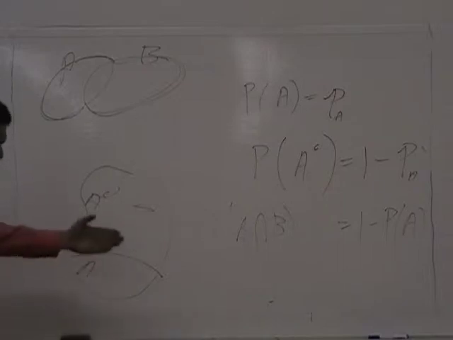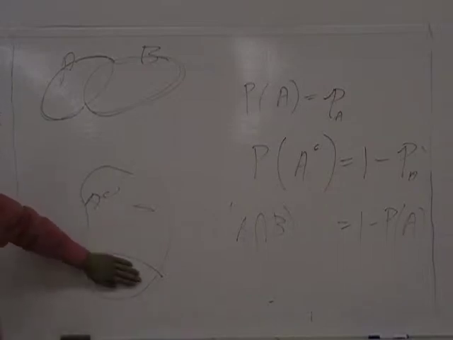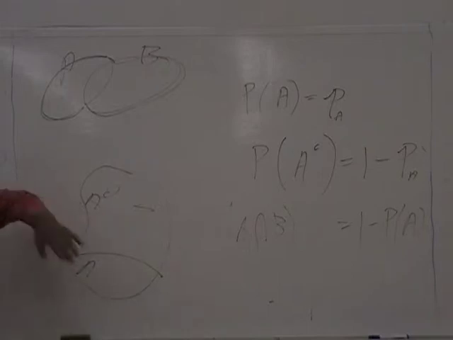And if you have 40% down here, the complementary space is 1 minus that probability.